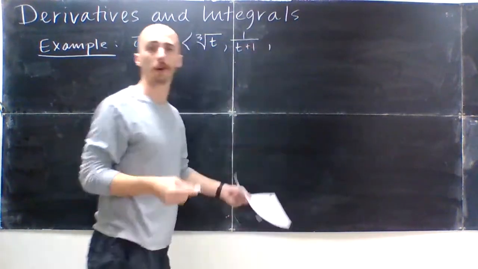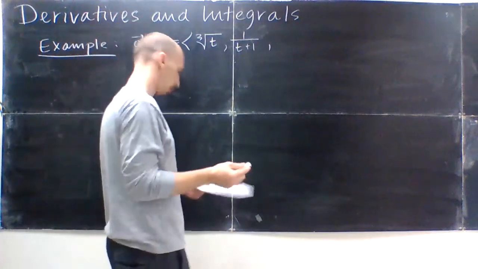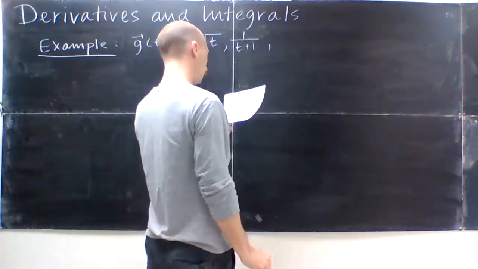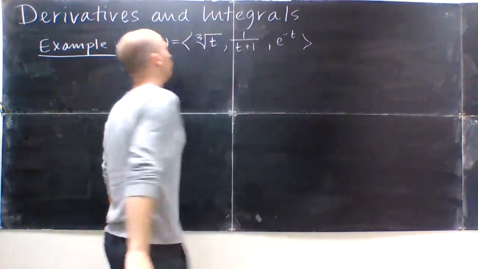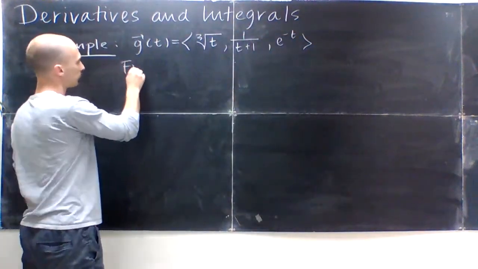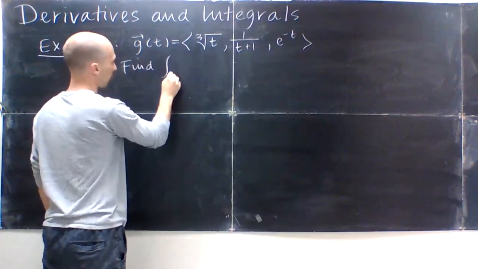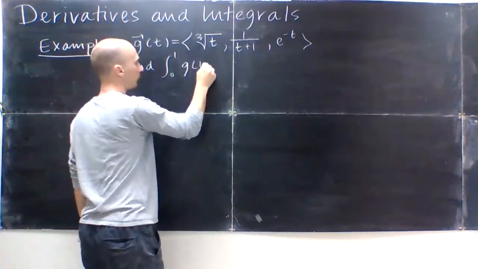I was like, how am I going to integrate this from 0 to 1 if I've got a 1 over t minus 1? Makes sense. And e to the negative t. And we want to find the integral from 0 to 1 of g of t.